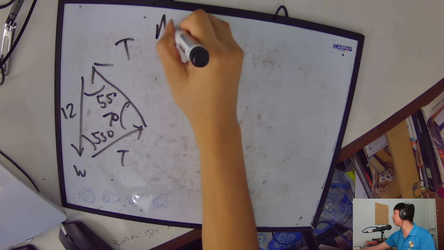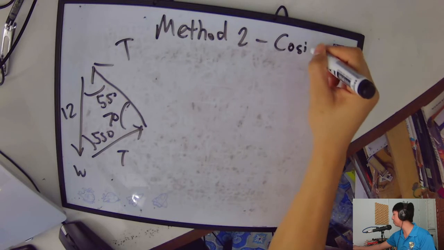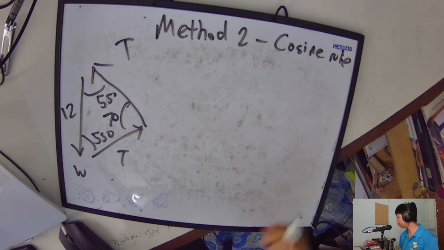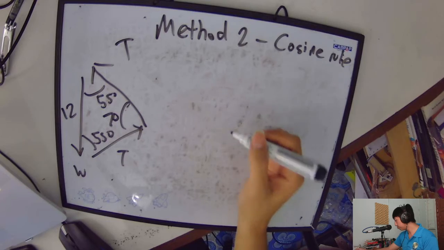So, method 2 is by using the cosine rule. Let's do it how I did it first.